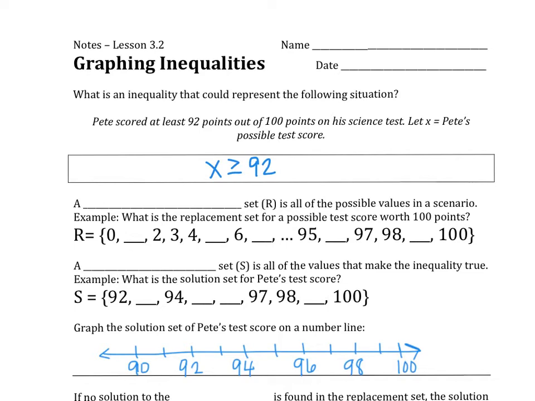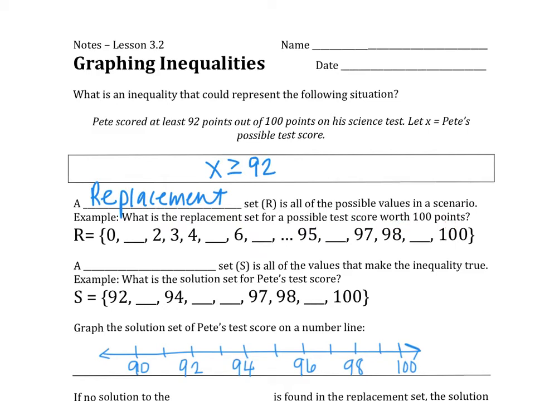Let's take a look at our definitions. A replacement set, or R, is all of the possible values in a scenario. So for example, what is the replacement set for a possible test score worth 100 points?